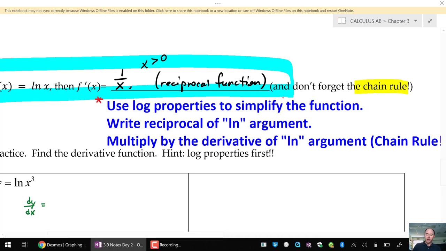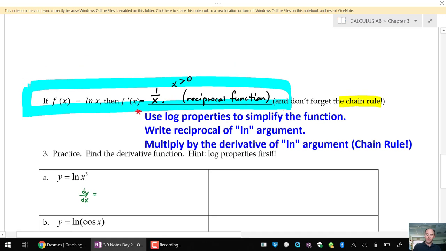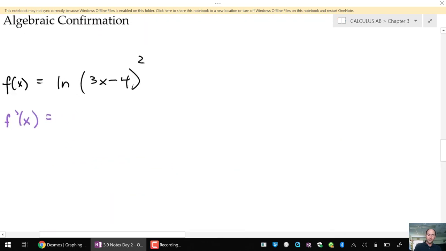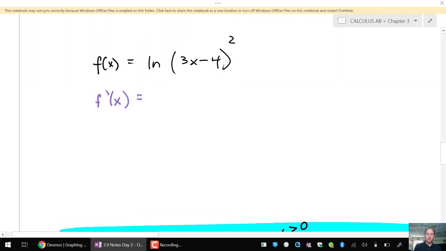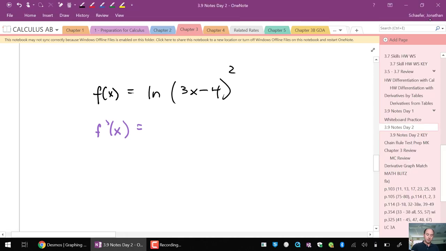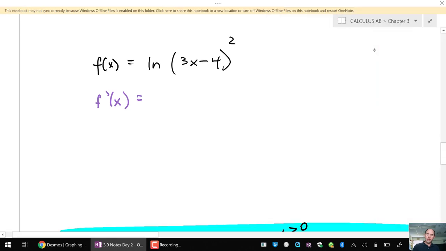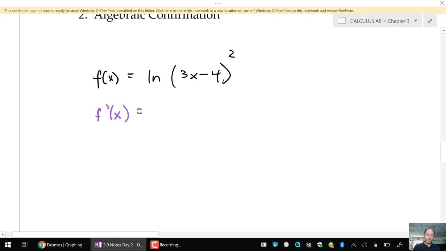So let's see how these steps might be put into action. I just made up an example for you here. f of x equals the natural log of (3x minus 4) quantity squared. Find f prime of x. So what I would want to do first here is utilize a log property.